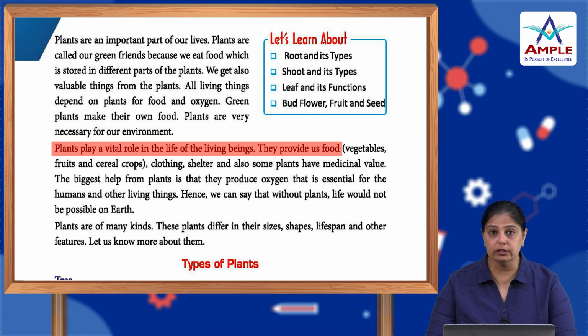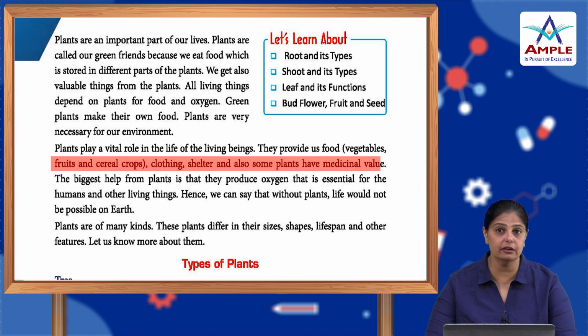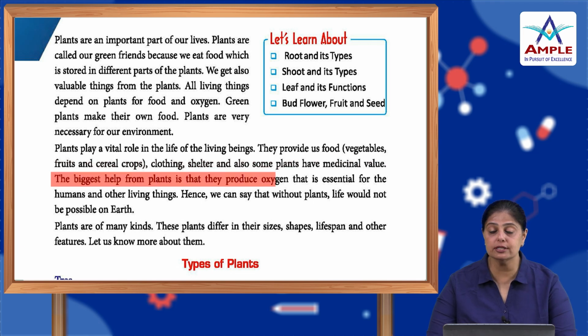They provide us food, that is vegetables, fruits and cereal crops, clothing, shelter, and also some plants have medicinal value. The biggest help from plants is that they produce oxygen that is essential for the humans and other living things. Hence, we can say that without plants, life would not be possible on earth.